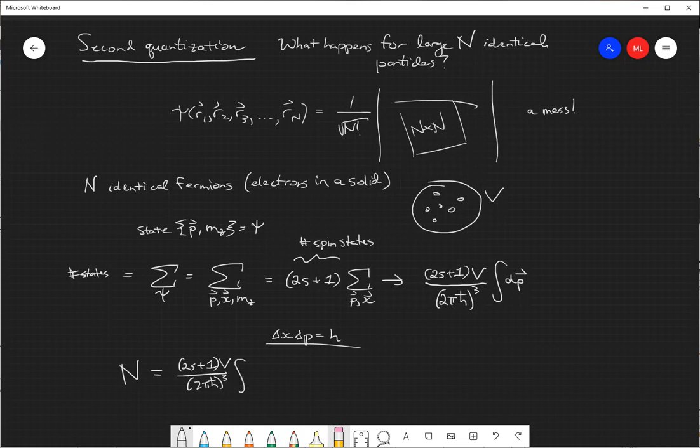And so the total number of particles has to be equal to the sum. And the sum will go up to, assuming that you're at low temperature, everything wants to have the smallest kinetic energy possible. So it'll fill up all of the momenta up to some maximum amount, which we call the Fermi momentum, right? So it'll be an integral over all the momenta up to some maximum amount.